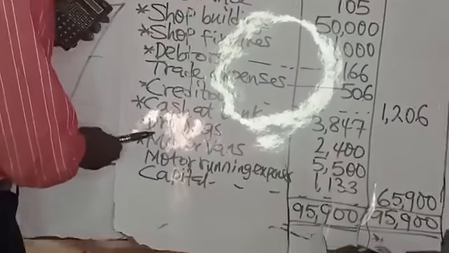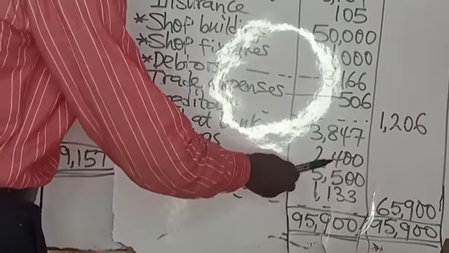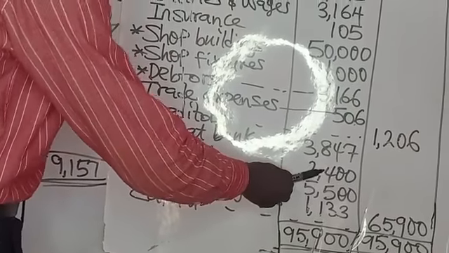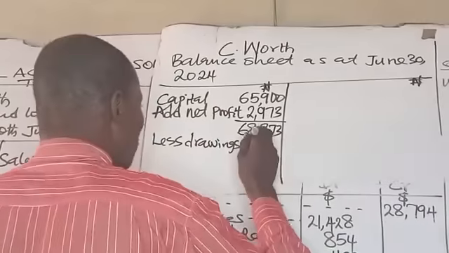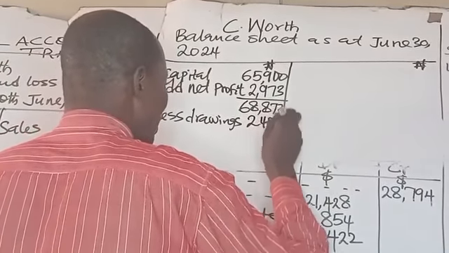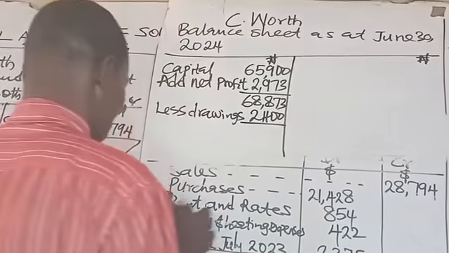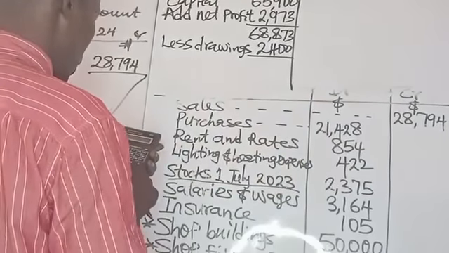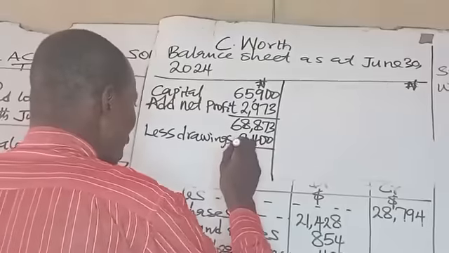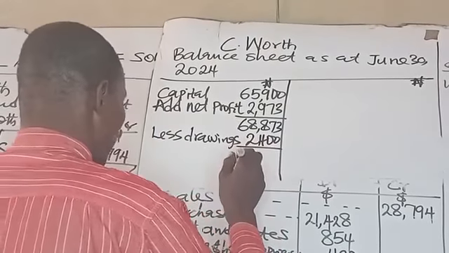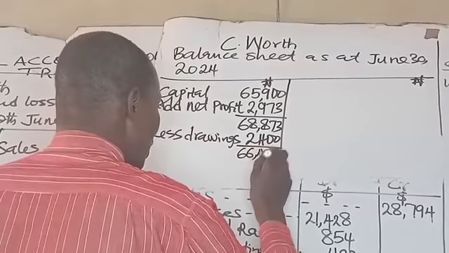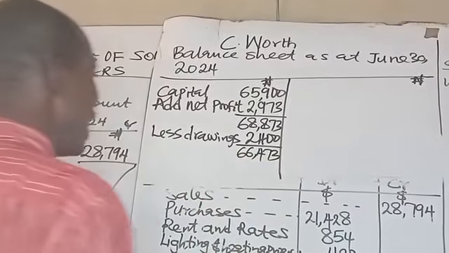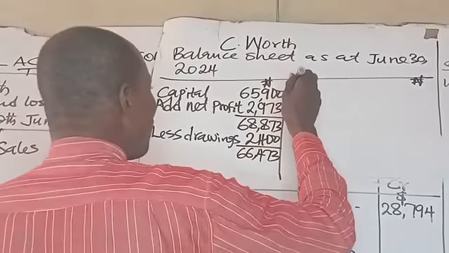We have drawings of 2,400. So we subtract that, minus 2,400. So we have 66,473.